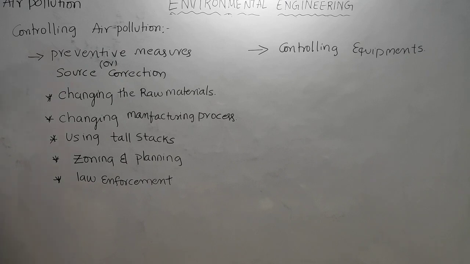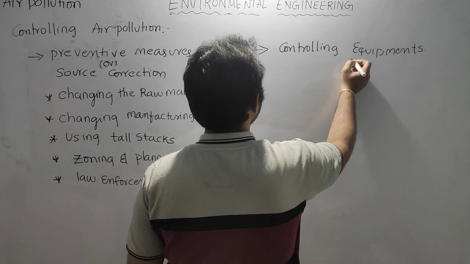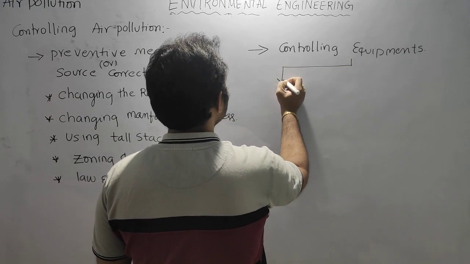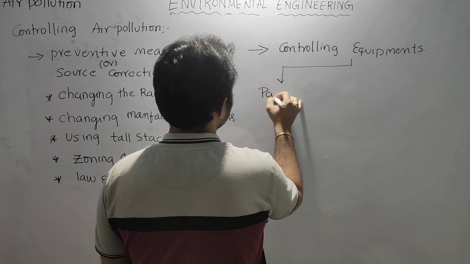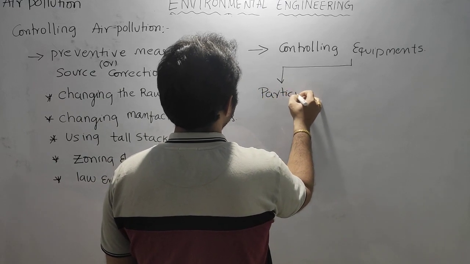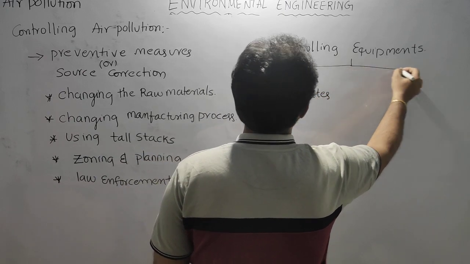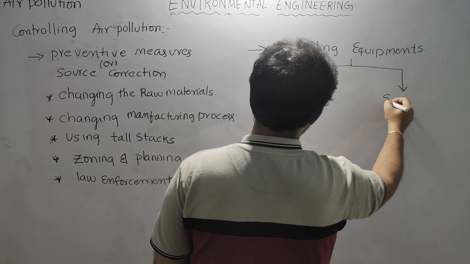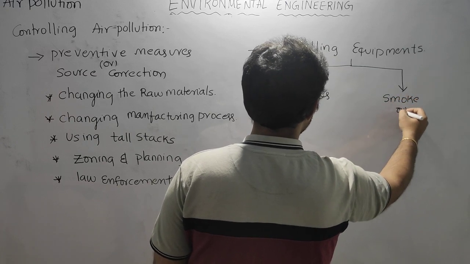And another thing is control techniques, using some equipment. I told you already, there are two kinds of pollutants present in nature. One is in the form of particulates, and the other is in the form of smoke or gaseous pollutants.